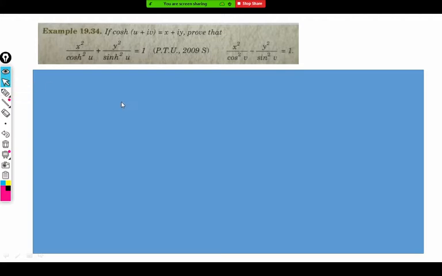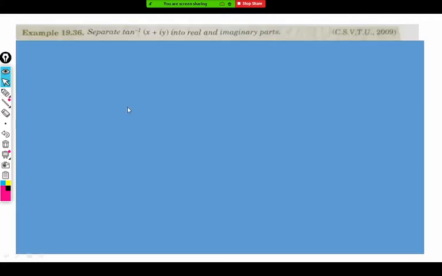Let me move to the next question. Question number 2. Separate tan inverse of x plus iy into real and imaginary parts. You can try it first.